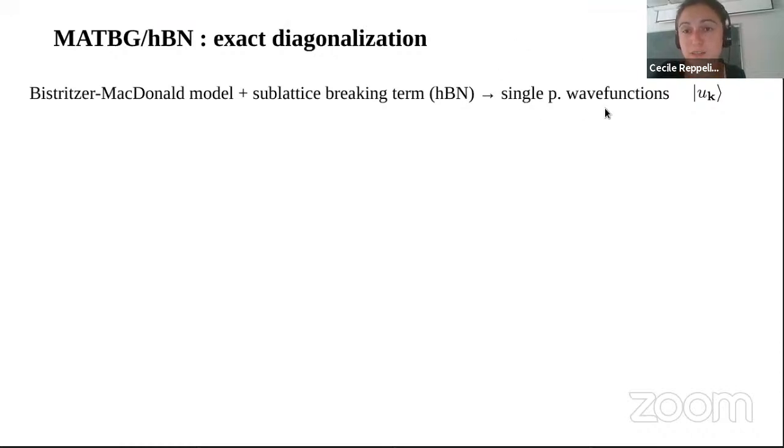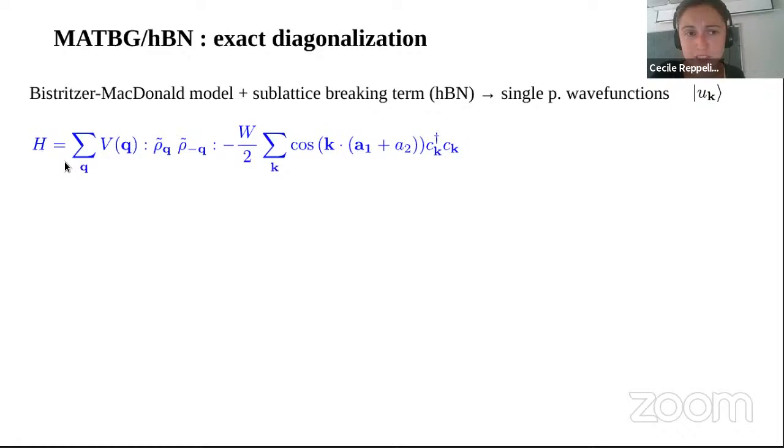That gives you the single particle wave functions in the conduction bands, which I'm calling u_k. Then I'm writing my Hamiltonian in k space, because since k is conserved, you do the calculation in k space. It allows you to take advantage of those translation symmetries. I have a screened Coulomb interaction, and I have density operators, normal ordered.